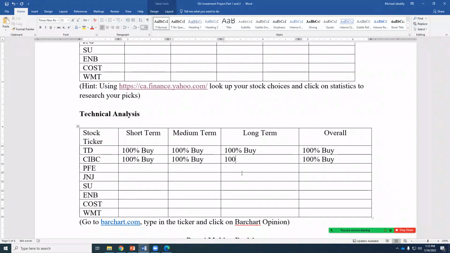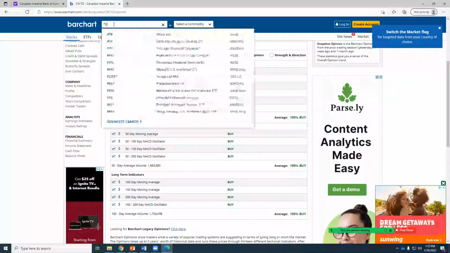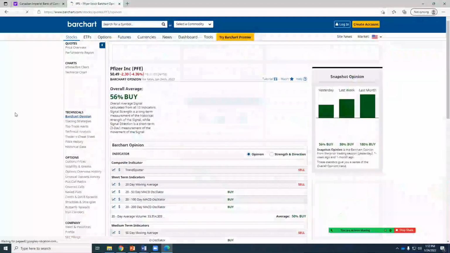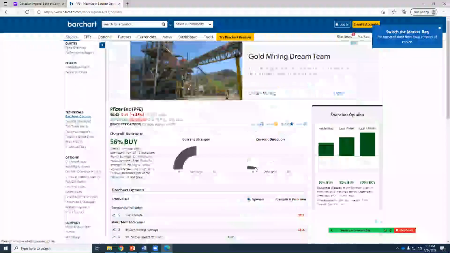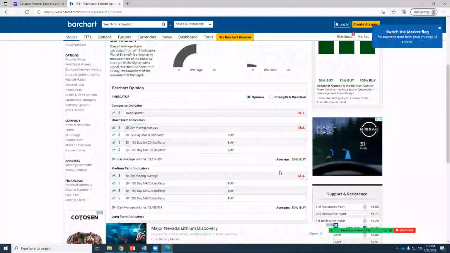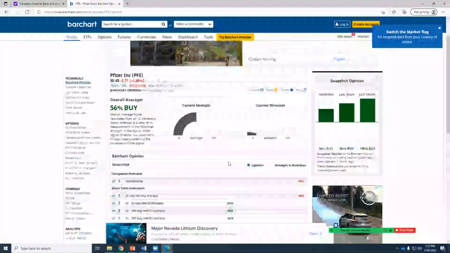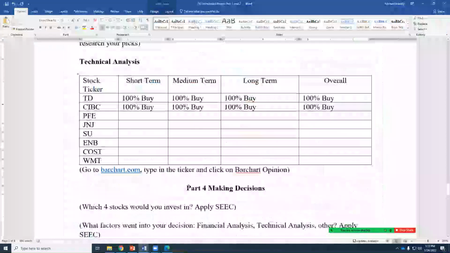And if I put in Pfizer, PFE, here's just to show you something different. Overall 56% buy. Notice short term is 50% buy, long term is 100% buy. So you will get different answers for different stocks.